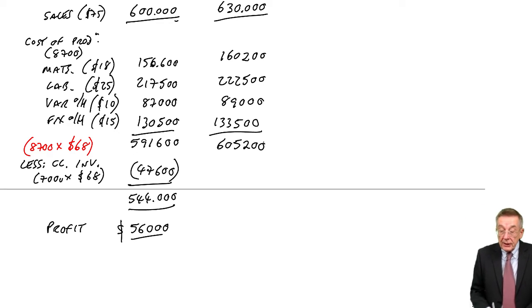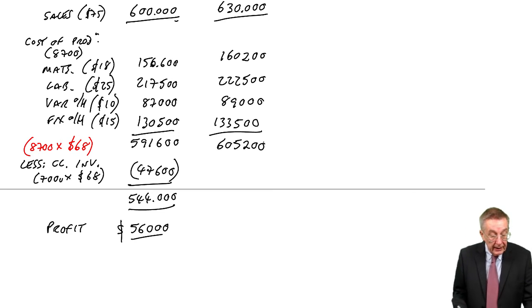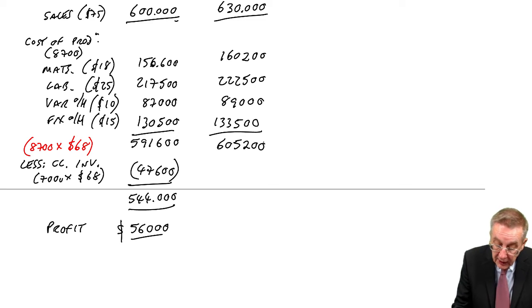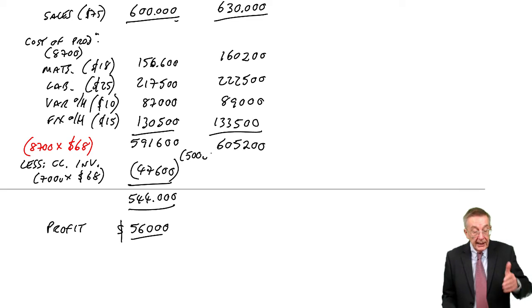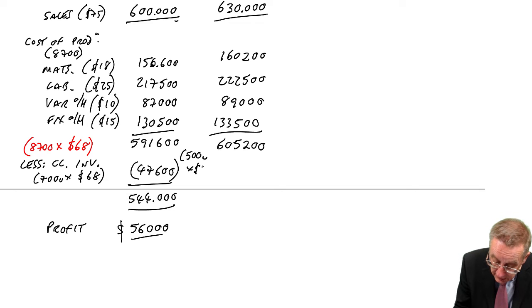That's the cost of production, but of course we want the cost of the 8,400 that was sold. And so deduct the closing inventory, which this time there are 500 units, produced 8,900, sold 8,400, at $68 a unit, 34,000.